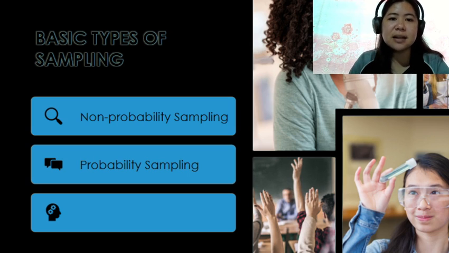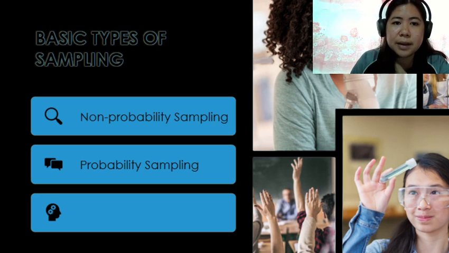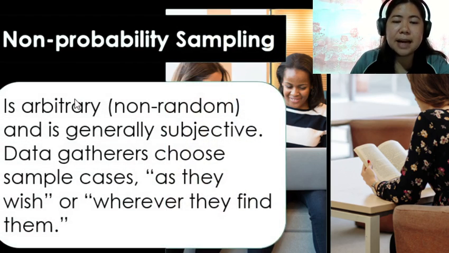Alright, so next let us proceed to the basic types of sampling. What do we mean when we say basic types of sampling? These are the common methods of sampling that you can use. First we have non-probability sampling, and the second is probability sampling. Non-probability sampling is arbitrary or non-random and is generally subjective.